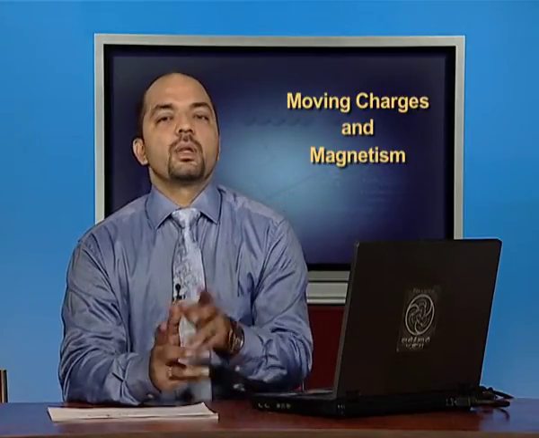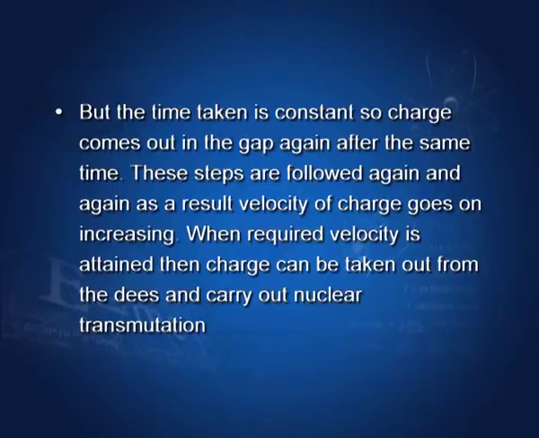But the time taken is constant, independent of velocity and radius. So, the charge comes out in the gap exactly after the same time. Once again, the polarity of the Ds is reversed using the high frequency oscillator and the velocity increases. These steps are followed again and again. As a result, the velocity of the charge goes on increasing. When the required velocity is attained, the charge can be taken out from the Ds to carry out some nuclear transmutations.